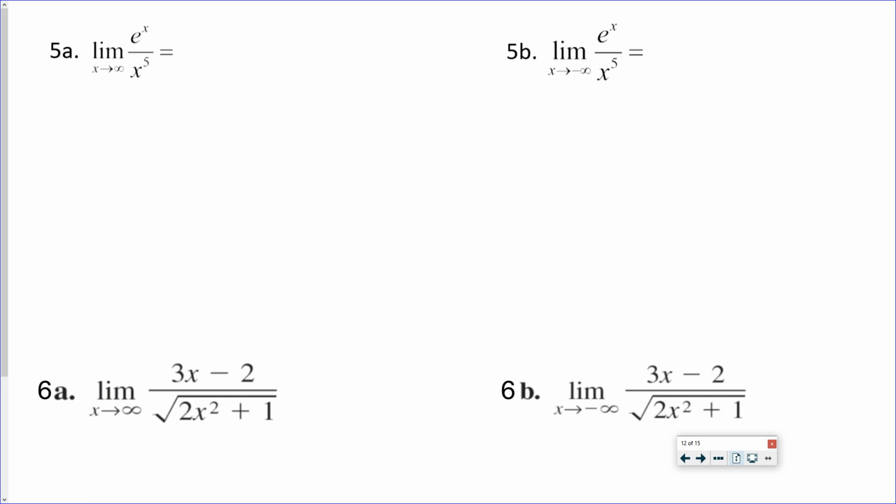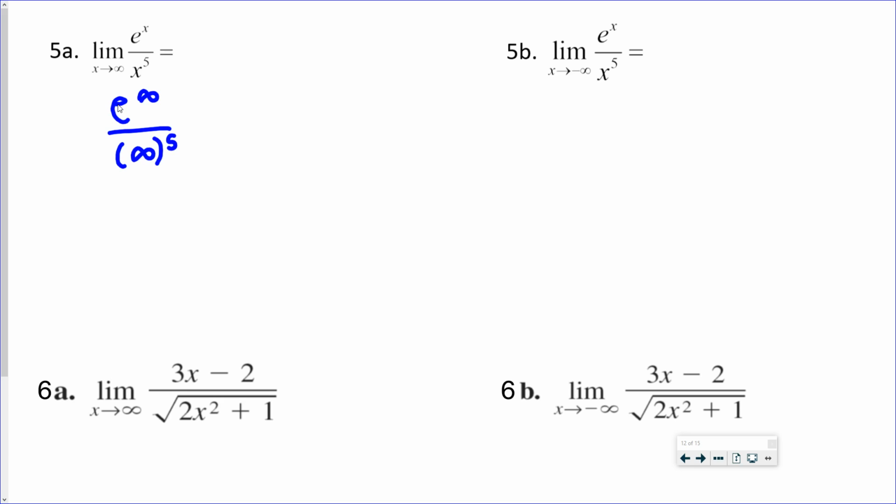Two more like that, and then we get into the radical ones. Radical ones get a little bit trickier, but not bad. All right, this time I flipped the numerator and denominator. I have e to the x in the numerator over x to the 5th. So now you're like, oh, I could divide by my largest power, but then you're going to have e to the x divided by x to the 5th. So really, again, we can just do the direct substitution with infinity here and look at what's more powerful when I have this setup, which one's going to grow faster.